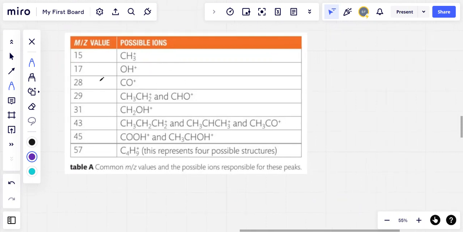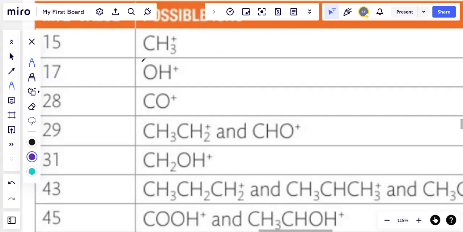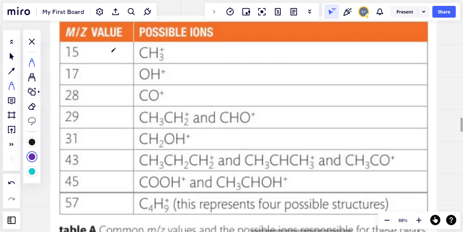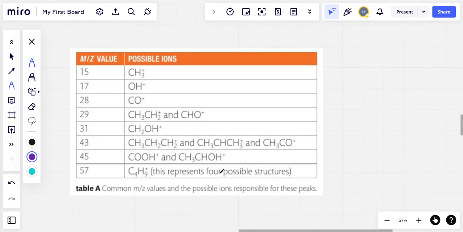So instead of calculating again and again, they'll be repetitive anyway, so it will be very easy for you to memorize, but you don't have to exactly memorize because this is just the mass. It's actually the mass to charge ratio, but see, charges are all positive one. So it's basically just the mass. So yeah, these are possible fragments that can show up, and just have a look.